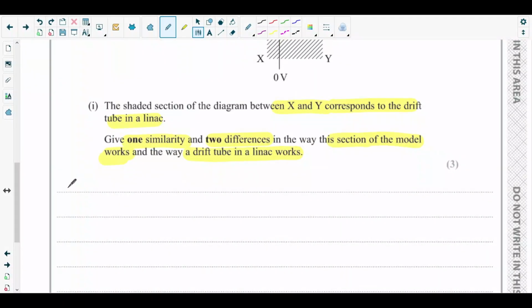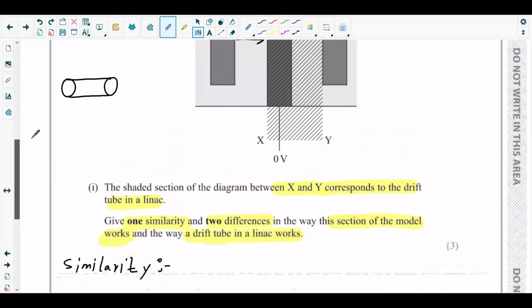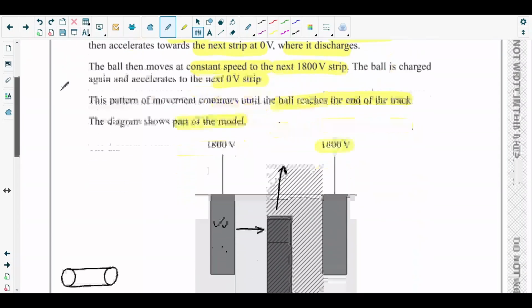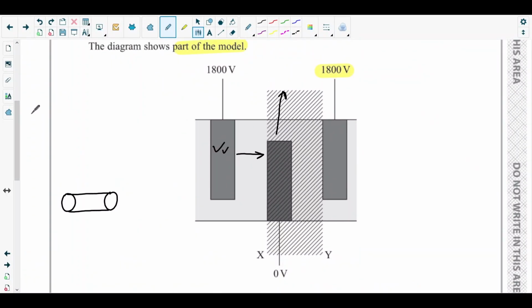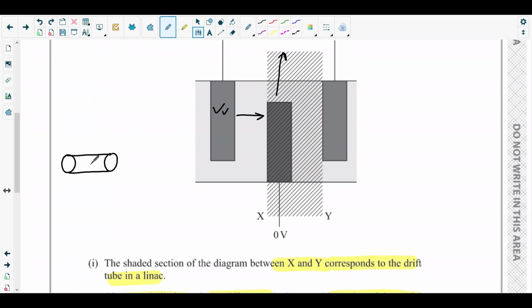At first, the similarity. What's the similarity we can say here? Consider the Linac. XY is basically a section of the drift tube, and we are comparing this section with the Linac.